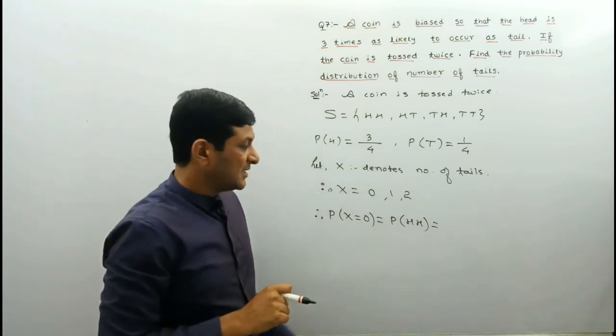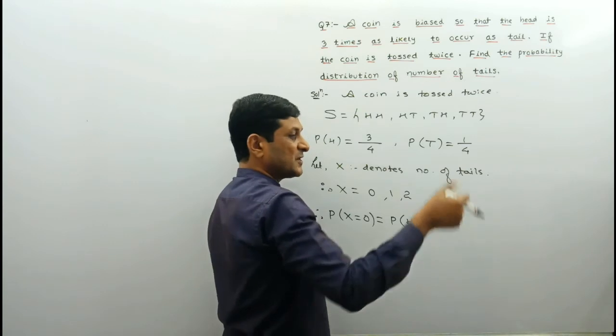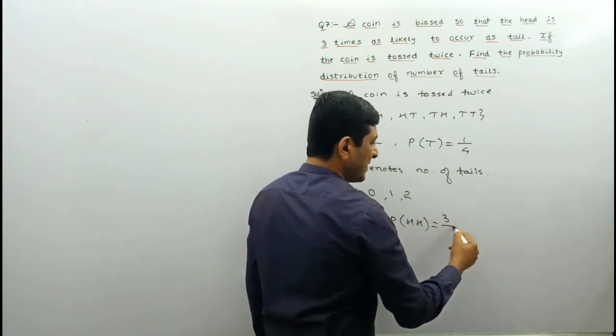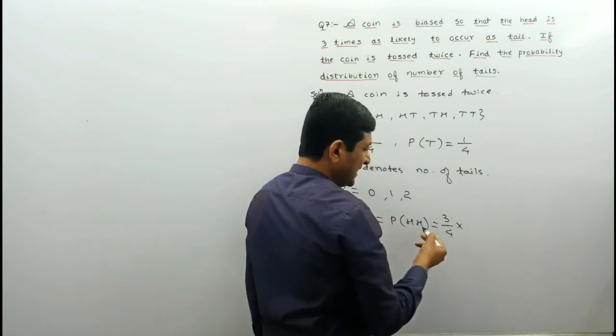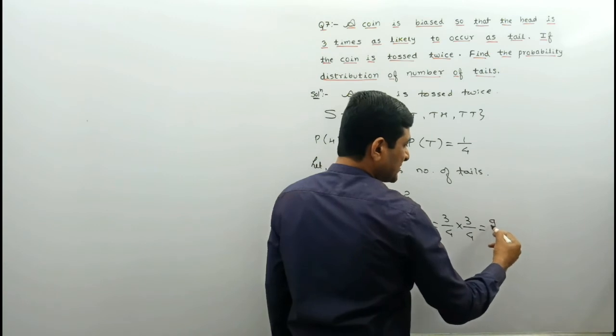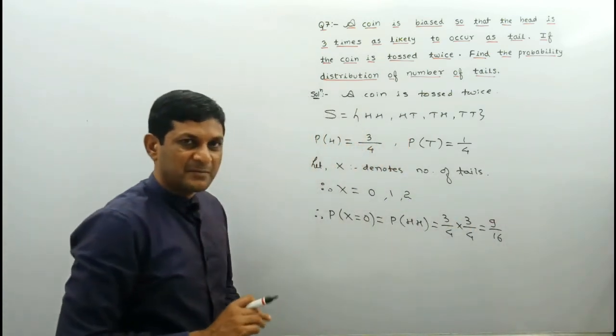Hope you are getting it. Coin is tossed the first time and head comes up. What is the probability of head? 3 by 4. Into again head comes up, so its probability is 3 by 4. So 3 into 3 is 9 and 4 into 4 is 16. So the required probability will be 9 by 16.